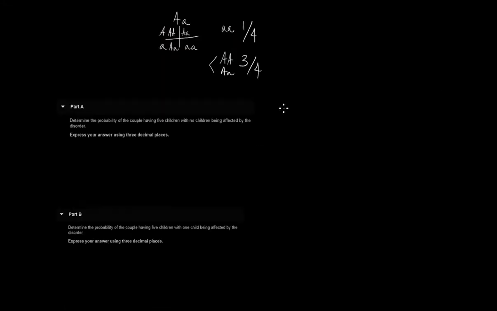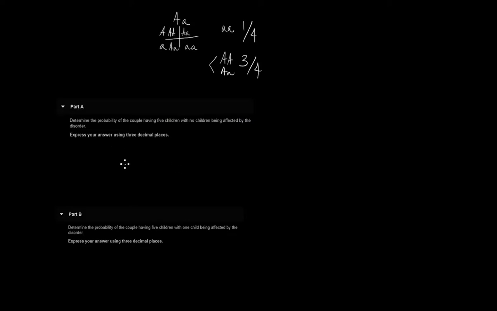Okay, so part A is asking us to determine the probability of the couple having 5 children with no children being affected by the disorder. Conceptually, I'm going to lay out the desired outcome of the couple having 5 children with no children being affected by the disorder.